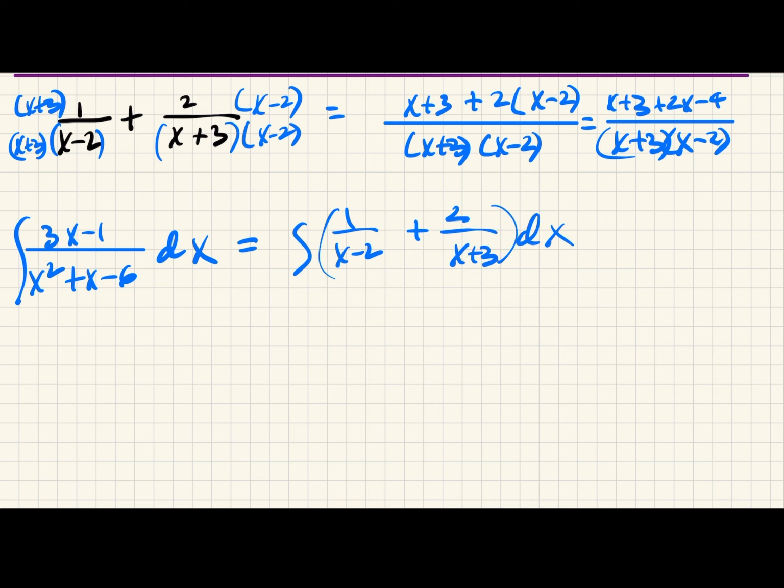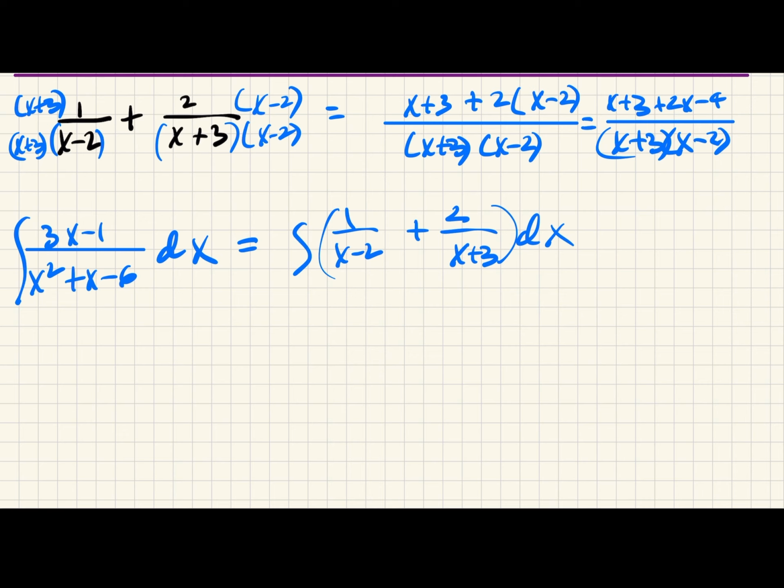That's the exact same thing, isn't it? And when you're looking at that one, what are you going to wind up with? That one's a breeze, because you've got a function and its derivative there. So what do they both turn out to be? You can eyeball that. Well, if u was x minus 2 in the first one, you'd have 1 over u du, wouldn't you?